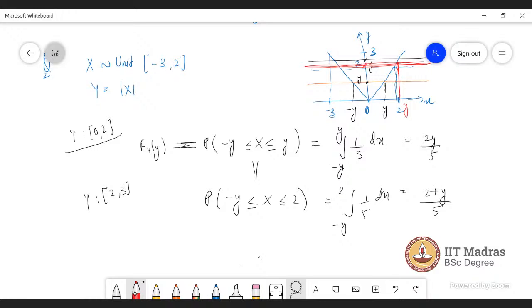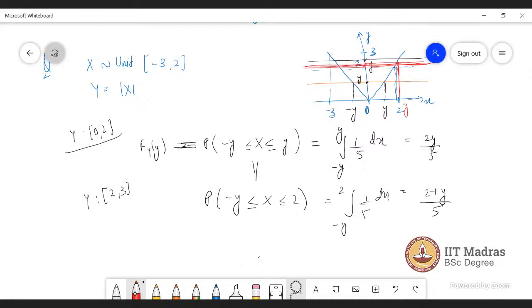This will lie beyond 2. On the positive side it is not there, but on the negative side it is.